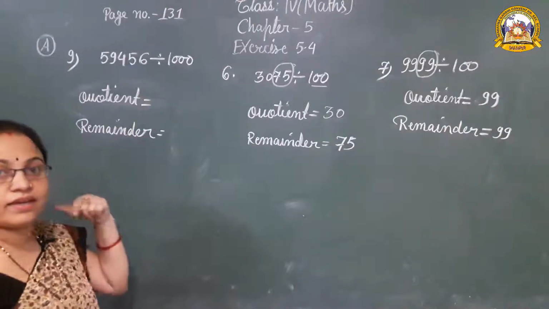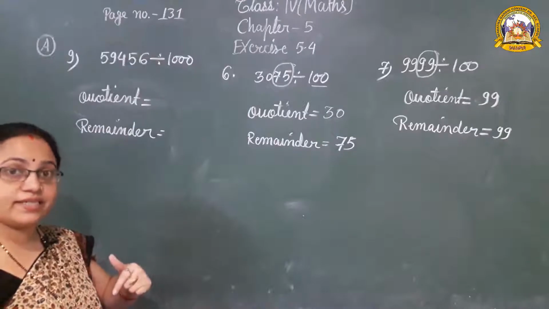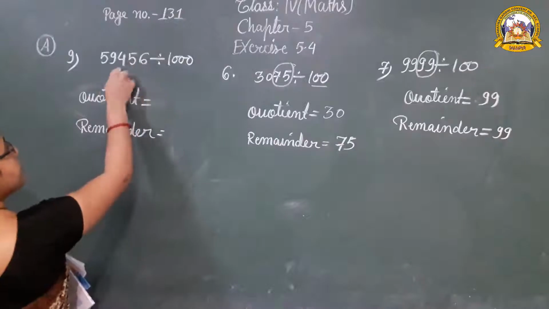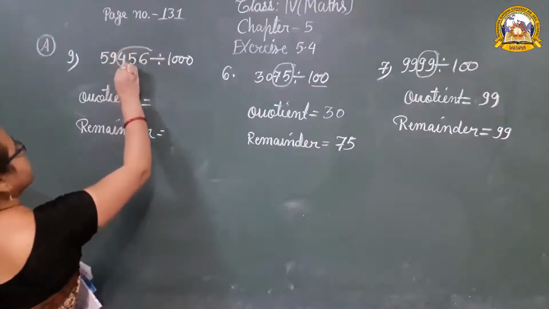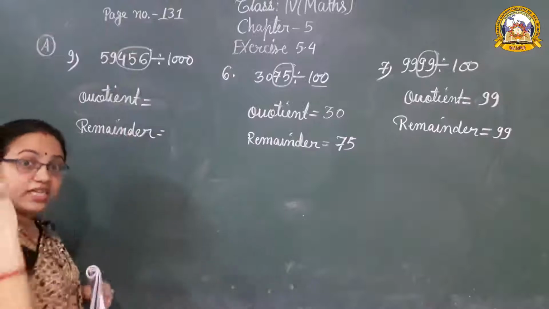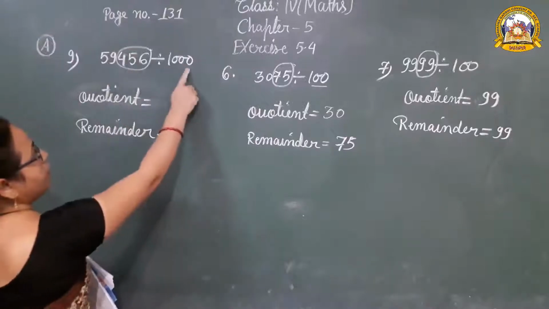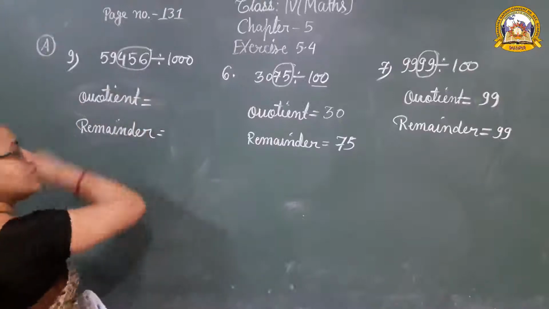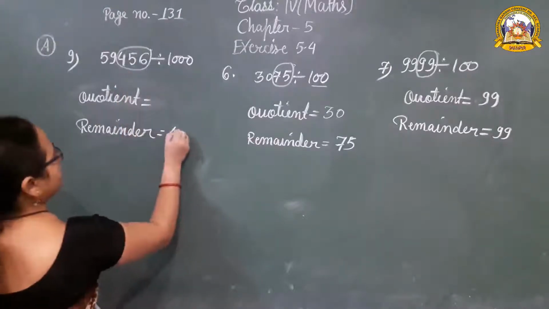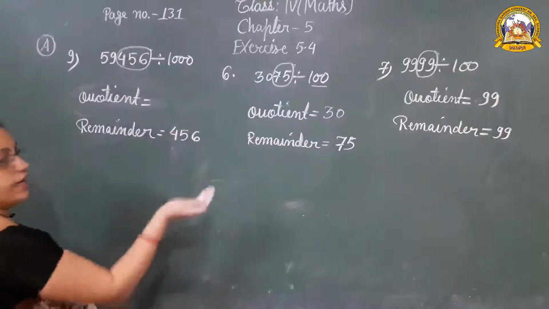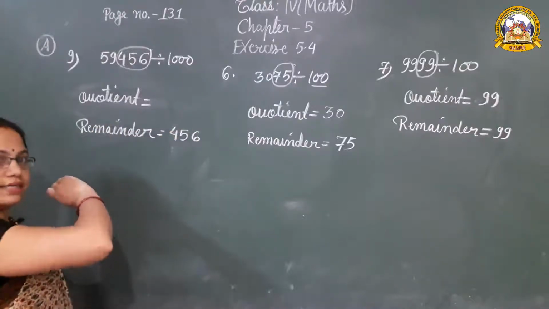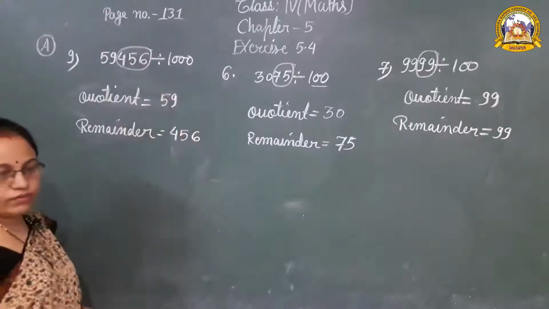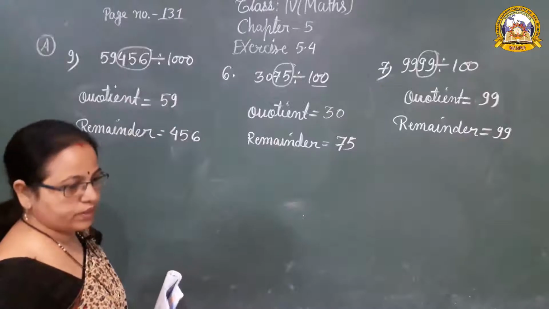That is why in this case we take 3 digits from the ones place: ones, tens, hundreds. 3 digits we take because of the 3 zeros in 1000. 1000 में कितने 0 हैं? 3 0. That is the remainder, 4 5 6, and all the other remaining digits are the quotient. So 59 is left there, that is the quotient.